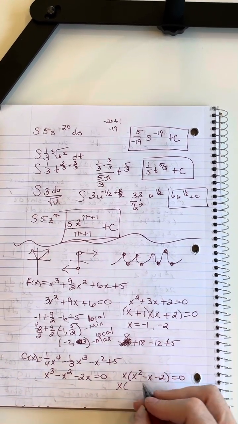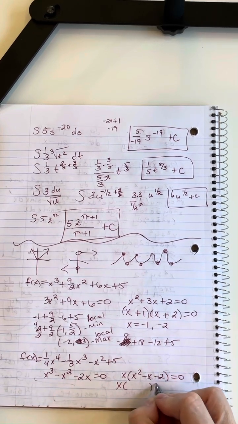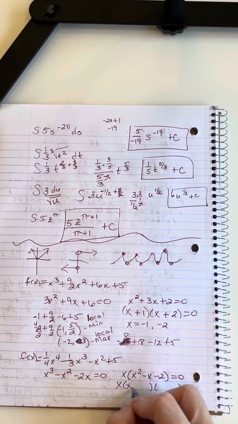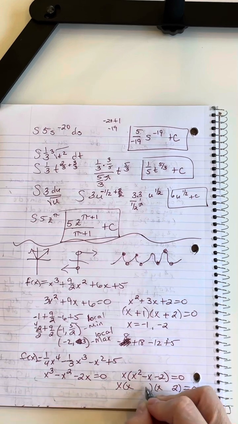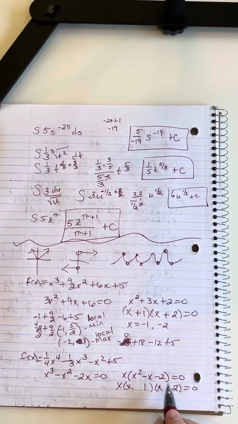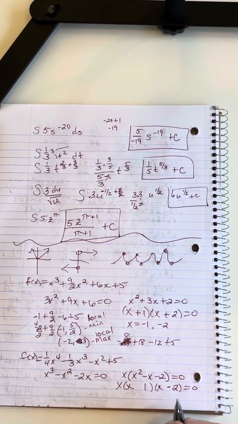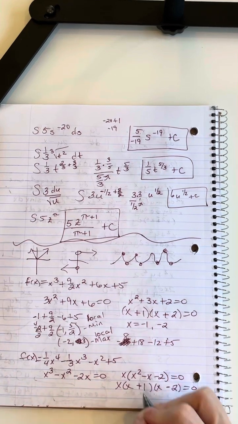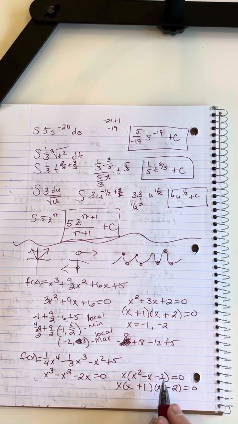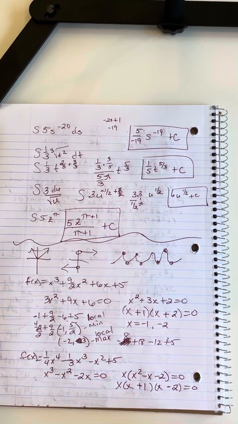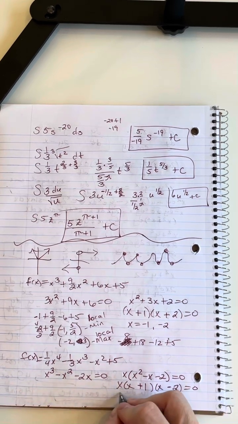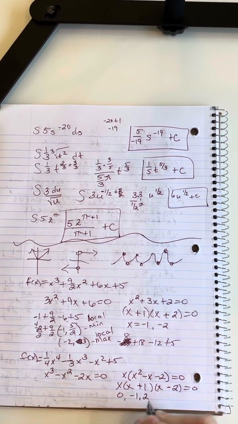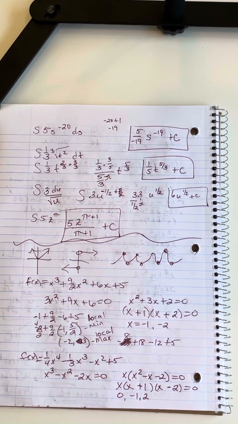The x is still there, so then this should be x and x, 2 and 1. 2 is the larger, negative in the middle, so how do I go from negative 2 to negative 1? I add 1. Positive times negative is negative, so this is a correct factoring. So now I have 0, negative 1, and positive 2 as critical numbers.